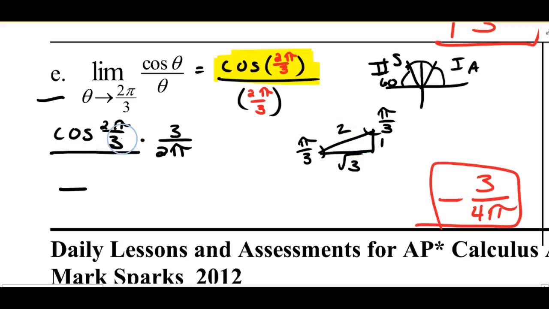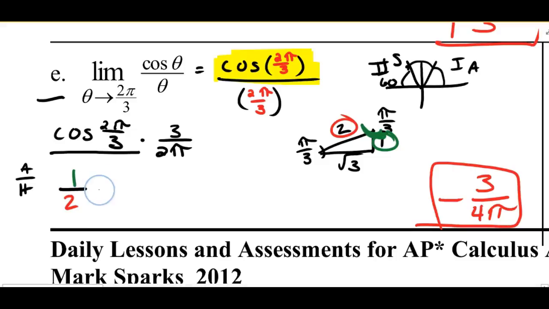And cosine is adjacent over hypotenuse. Here's my pi over 3. My adjacent is 1. My hypotenuse is 2.